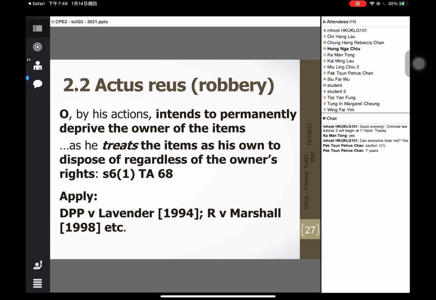One key case to understand here is the case of DPP and Lavender. DPP, Director of Public Prosecutions, against the defendant Lavender. In this case, the defendant lived in a public housing unit with his girlfriend. She was the tenancy holder, and she was not very pleased because she had rotten doors on her public housing unit.